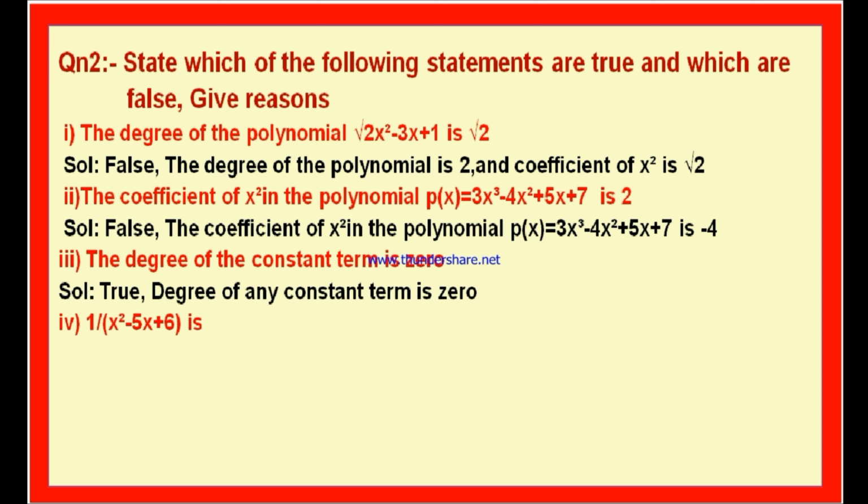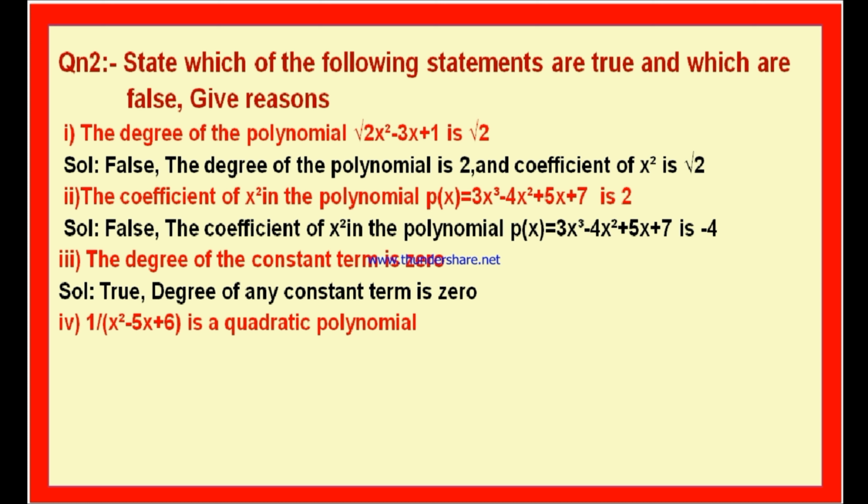Fourth bit. 1 by x square minus 5x plus 6 is a quadratic polynomial. If you look at the question, you can find 1 by x square minus 5x plus 6. This x square minus 5x plus 6 is in the denominator. If we take it to the numerator, then the exponent may become negative. If the exponent of the variable is negative, then it is not a polynomial at all. When can you say that an expression is a polynomial?